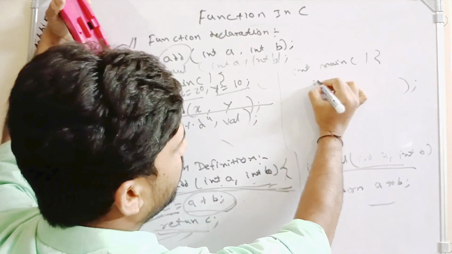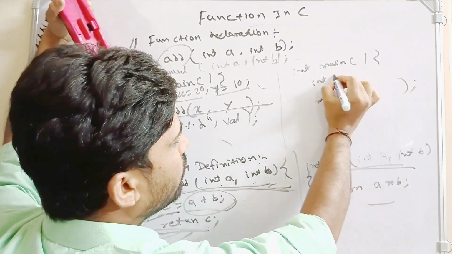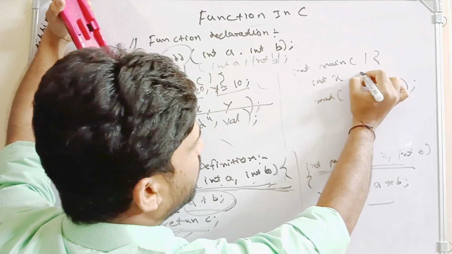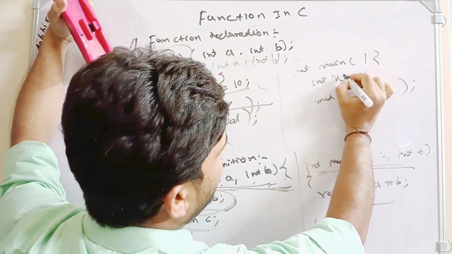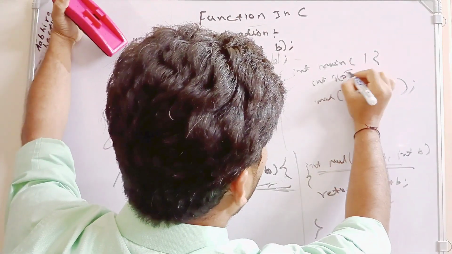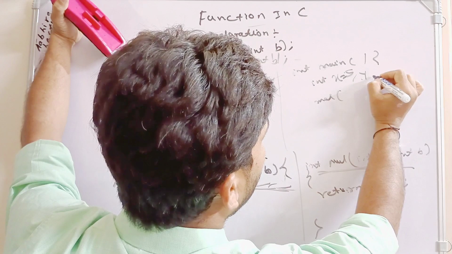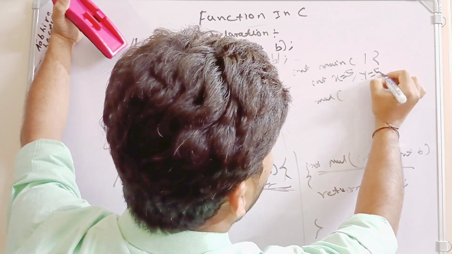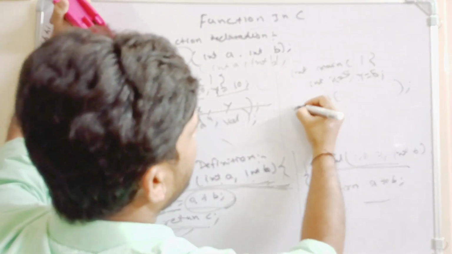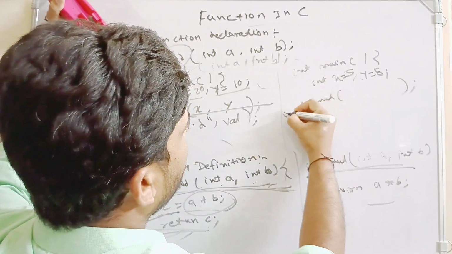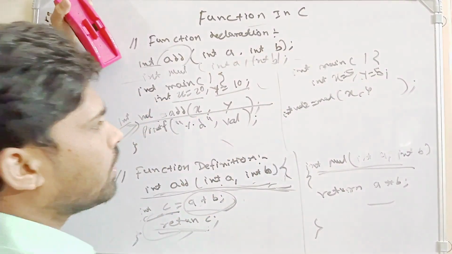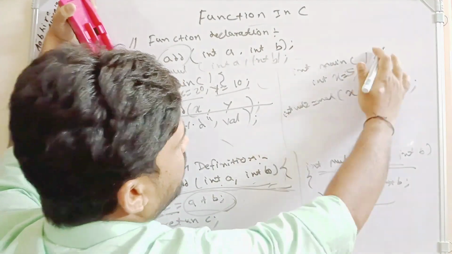You can keep them the same or different, it doesn't matter. Keep the same, assign values 5 and 5, take another variable, store the result and give x and y.